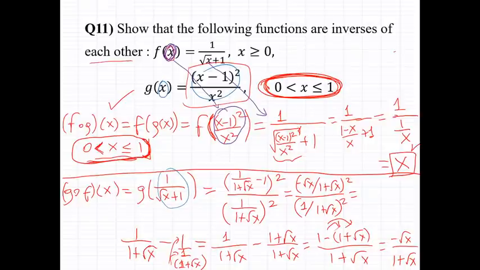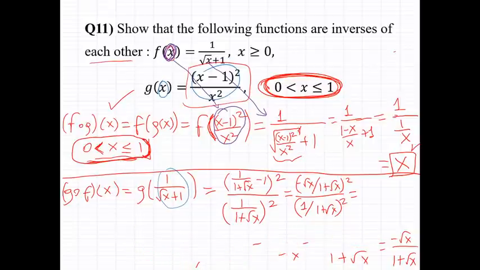Now the numerator is giving you a fraction, and the denominator is giving you another fraction. And then it gives us negative square root of x squared divided by 1 plus square root of x squared.